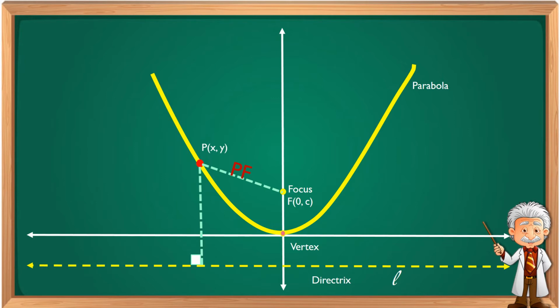From the point P to focus, we can call it line PF. And from the point P to our directrix, we can call it as line PP'. And line PF is equal to line PP'. We can prove it using the distance formula.